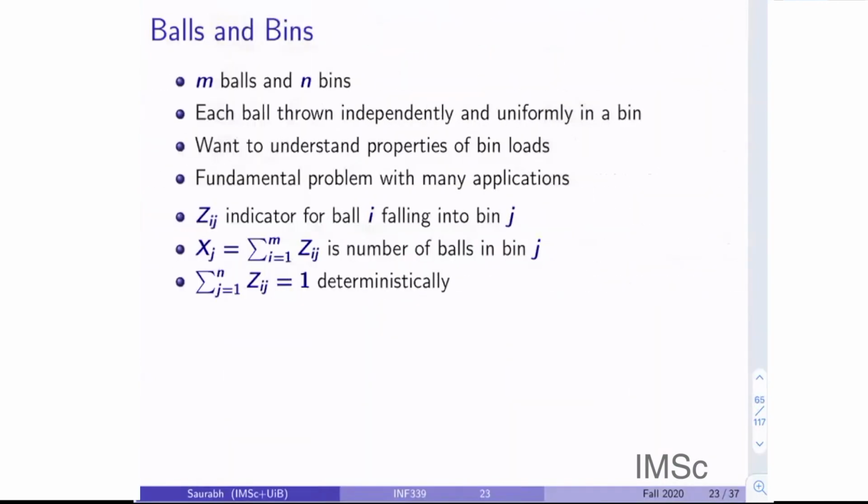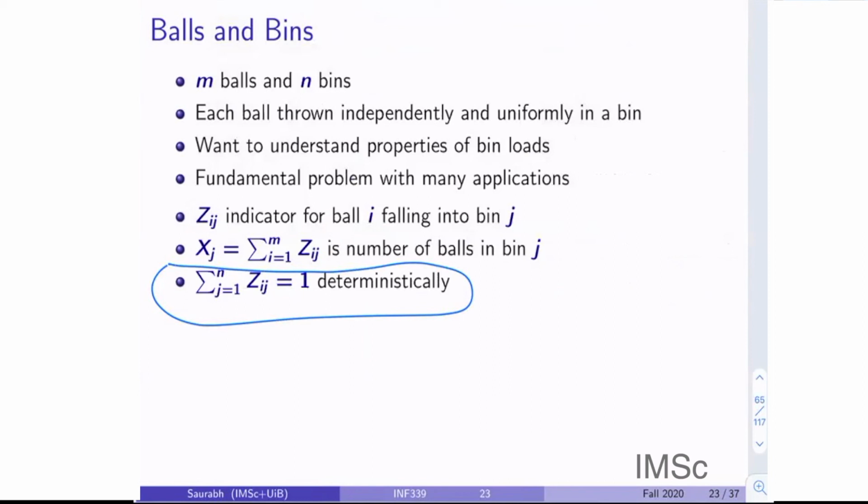Now let's ask ourselves, do you buy this: summation over j equal to 1 to n of Zij equals 1? If I have one ball, it can only go to one of the bins, right? So summation of Zij is equal to 1 deterministically.